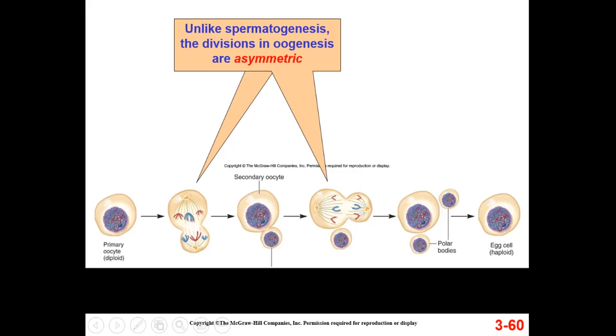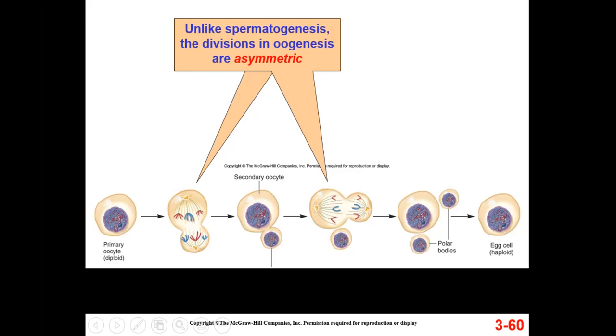So your secondary oocyte is a 1N cell with two sister chromatids for every chromosome. The polar body is the same. It has the opposite genetic material from the secondary oocyte. So if the secondary oocyte has chromosome 1 that you got from your mother, the polar body would have the chromosome 1 that you got from your father.